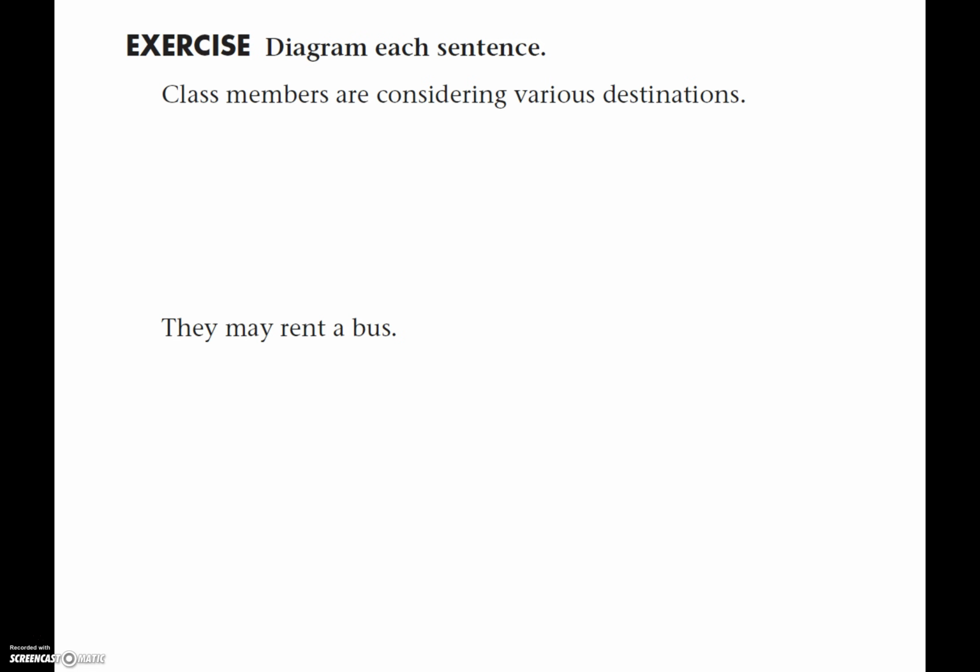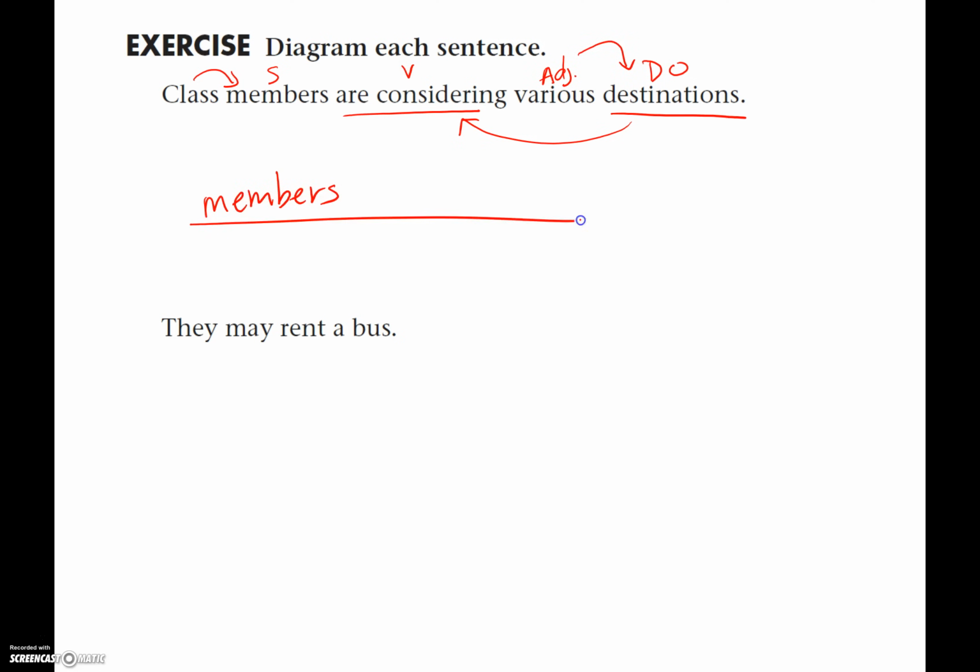For the first one, class members are considering various destinations. Members are considering is your subject and your verb. Class members is an adjective, or class is an adjective describing the members. Destinations is what they are considering, which means that's a direct object. Various is an adjective, which is describing the destination. So to diagram this one, we're going to have members are considering.